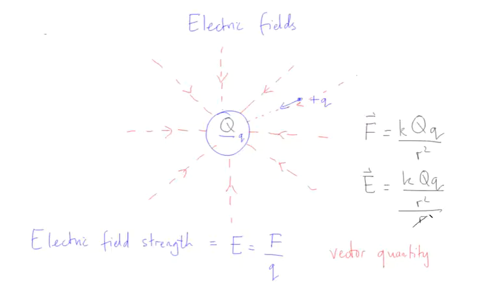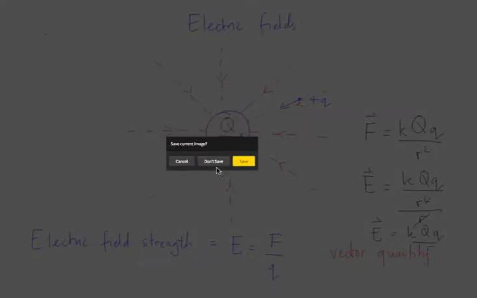So one of these cancels, and you get E equals kQ over r squared. Let's take a new slide.